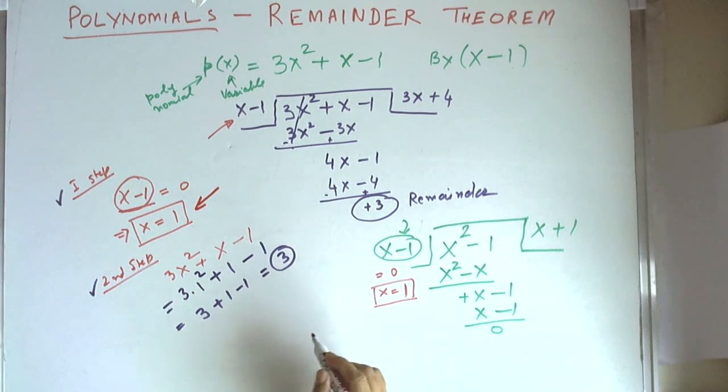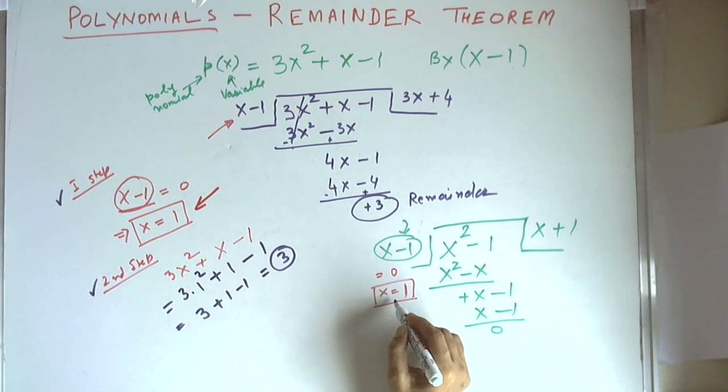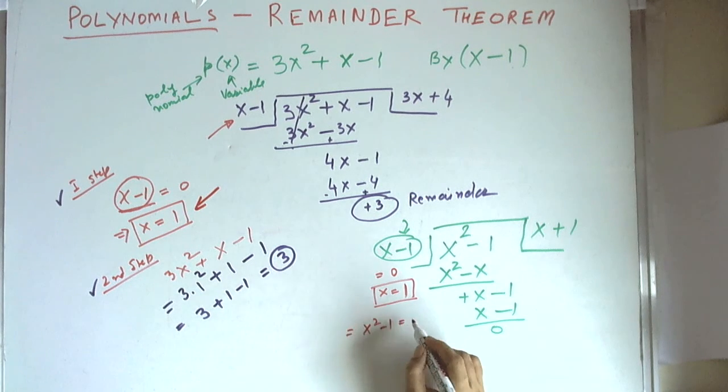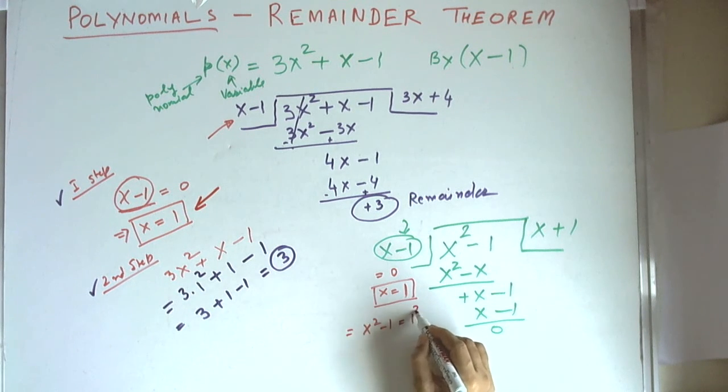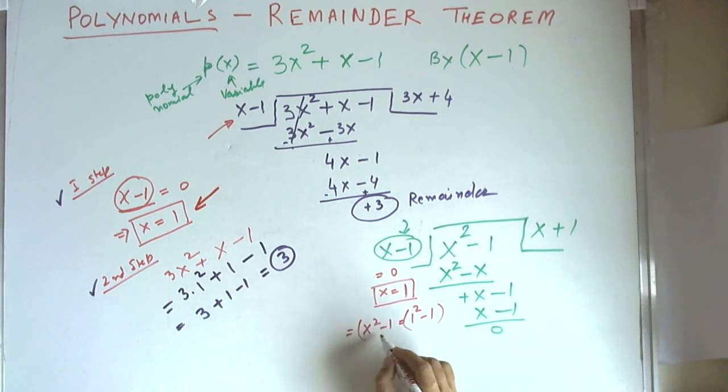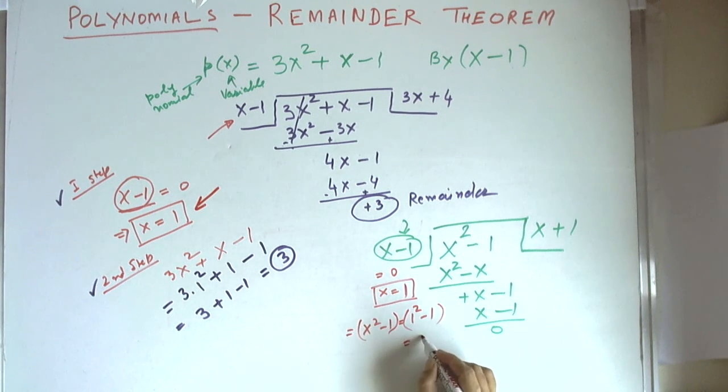And now we substitute x equal to 1 into the polynomial. So in our case x square minus 1 will become 1 square minus 1, and this will become 0 because 1 square is 1 and minus 1 is also 0. So again we find the same.